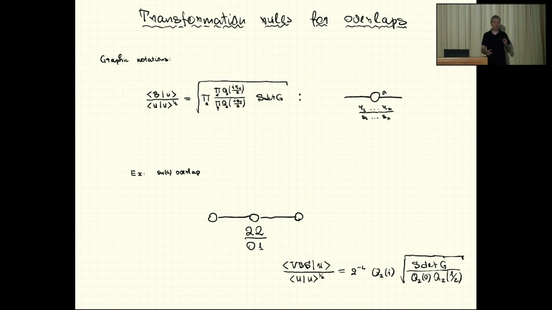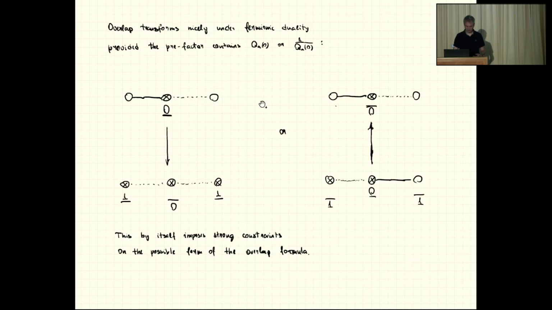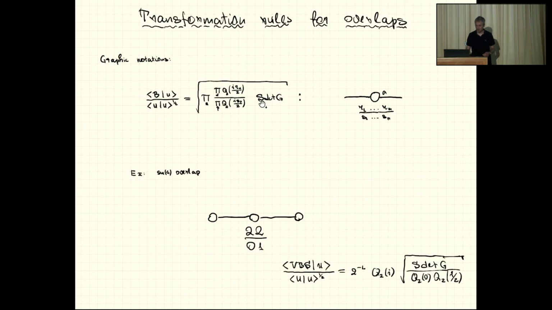And this turns out to be a very strong condition, which allows one to extend the overlap from SU4 to the whole diagram without doing any calculations. If we write it in this notation, these labels are simply the arguments of the Q functions in the overlap formula.